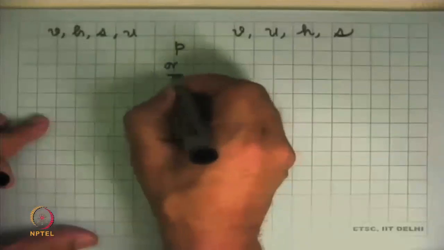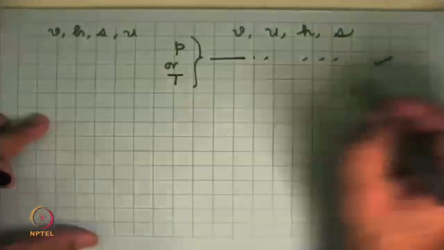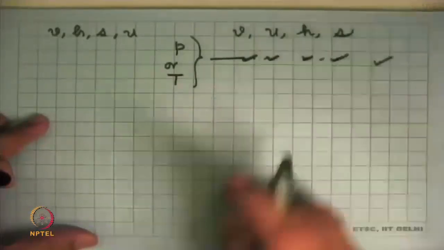P or T, and any of these are always two independent properties, no problem.